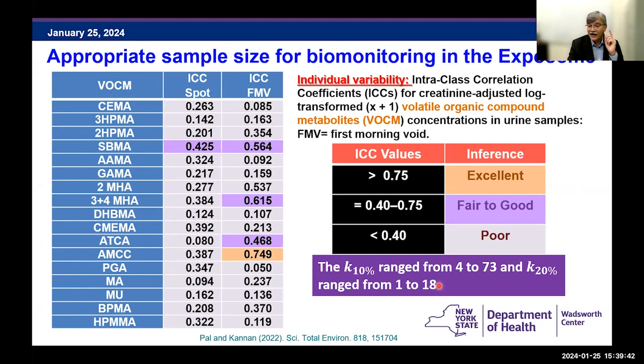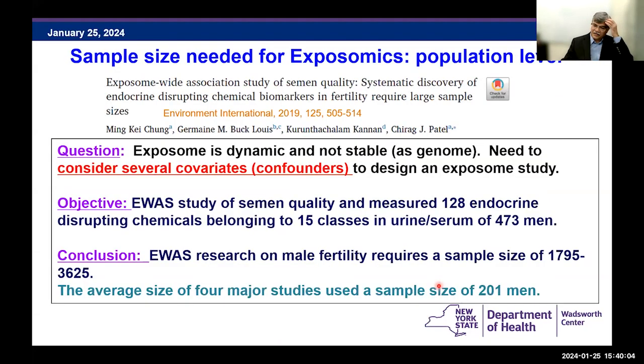So this is to calculate the individual variability, because every day our exposures vary, right? Depending on what you eat, where you were, what you were doing, all kinds of things. And depending on the chemical, the exposures can vary every day. However, when we do an exposomic study at the population level, there is population-level variability that you should account for.